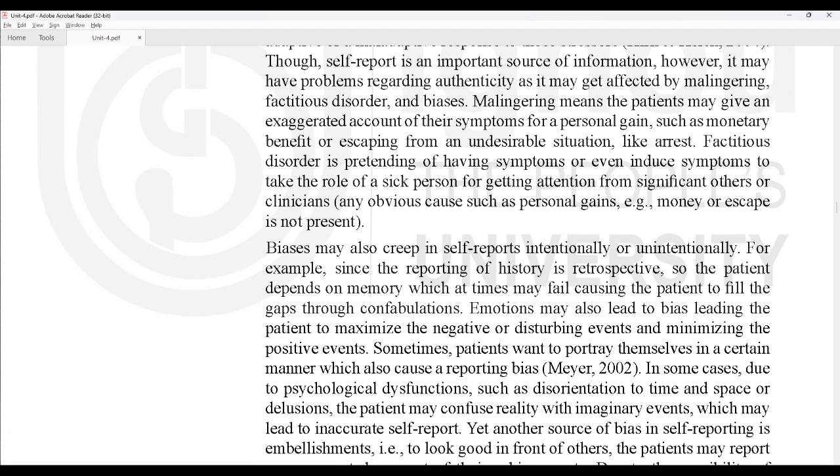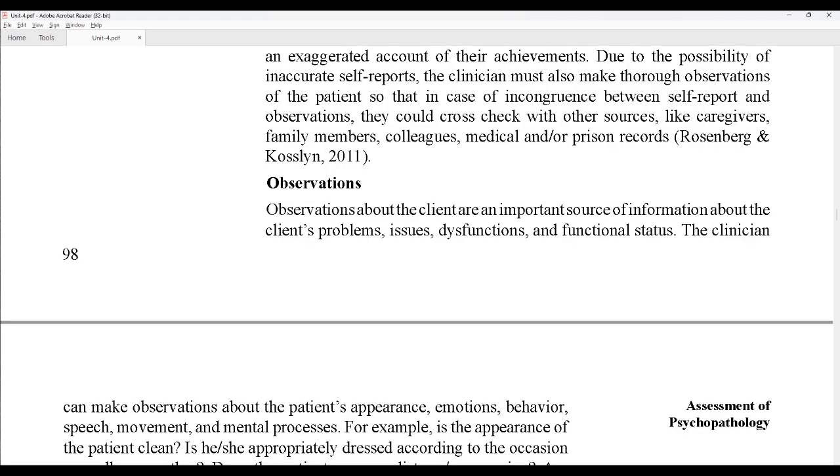Mayer, 2002. In some cases, due to psychological dysfunctions, such as disorientation to time and space or delusions, the patient may confuse reality with imaginary events, which may lead to inaccurate self-report. Yet another source of bias in self-reporting is embellishments, i.e., to look good in front of others. The patients may report an exaggerated account of their achievements.